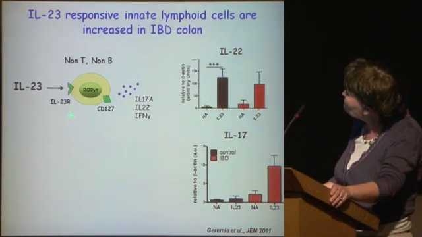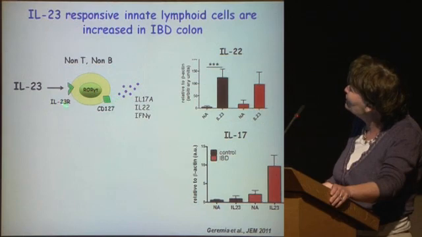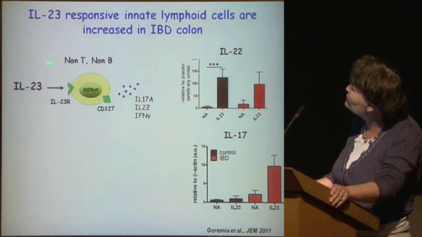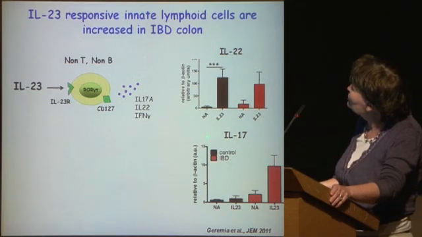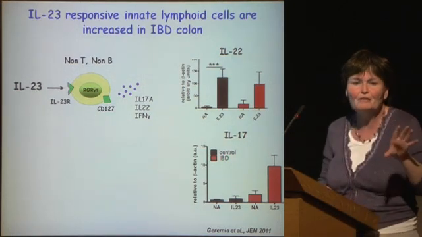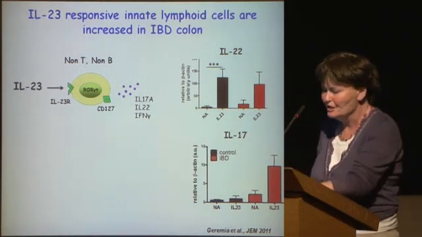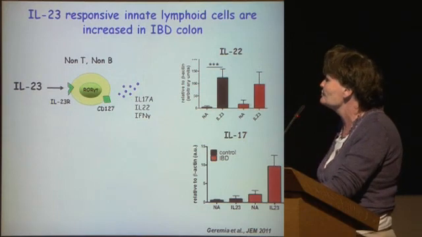So what Alessandra was able to do was to isolate CD3 negative populations from the intestine, or non-T, non-B cells, and stimulate these with IL-23, and can show a marked increase in IL-22 whether we are isolating these from either control or inflammatory bowel disease patients. This is produced by both the control and the inflammatory bowel disease patients, whereas the capacity of IL-23 to promote IL-17 was something that was primarily contained within innate lymphoid cells from the inflamed intestines of IBD patients.